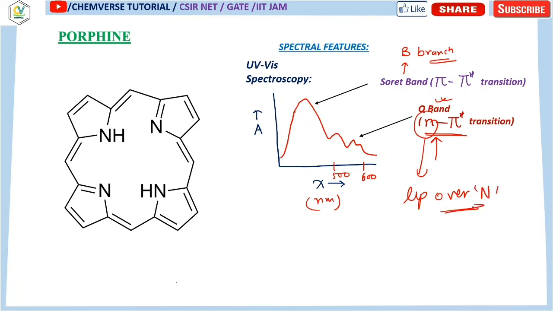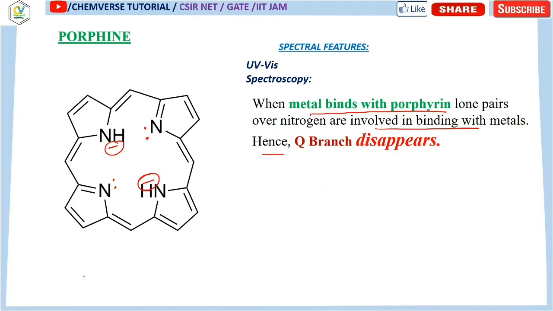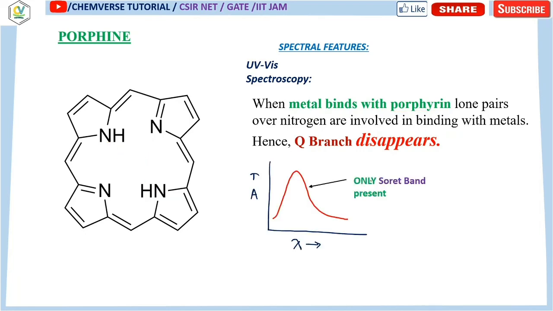The nitrogen lone pair is responsible for this kind of transition, and when it is already involved in binding with the metal, it is no longer available, and that is why the Q branch disappears. Over here only the Soret band is present, there is no band in this region. Clear? So these are some important points which we need to understand while discussing the spectral features of porphyrin.